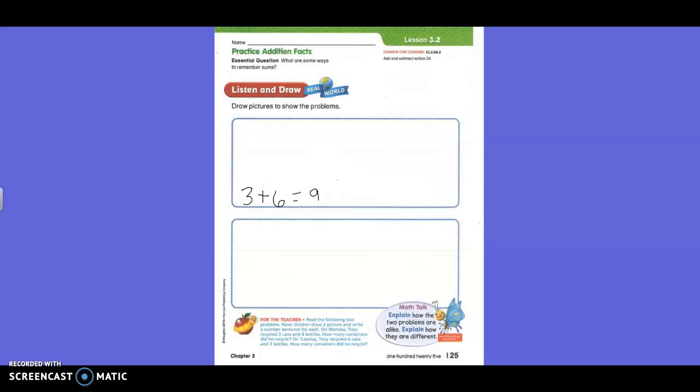How would we draw that? Can somebody give me an item maybe, or an object? Okay, but what am I going to do first? 3 circles maybe? 3 circles for the 3.